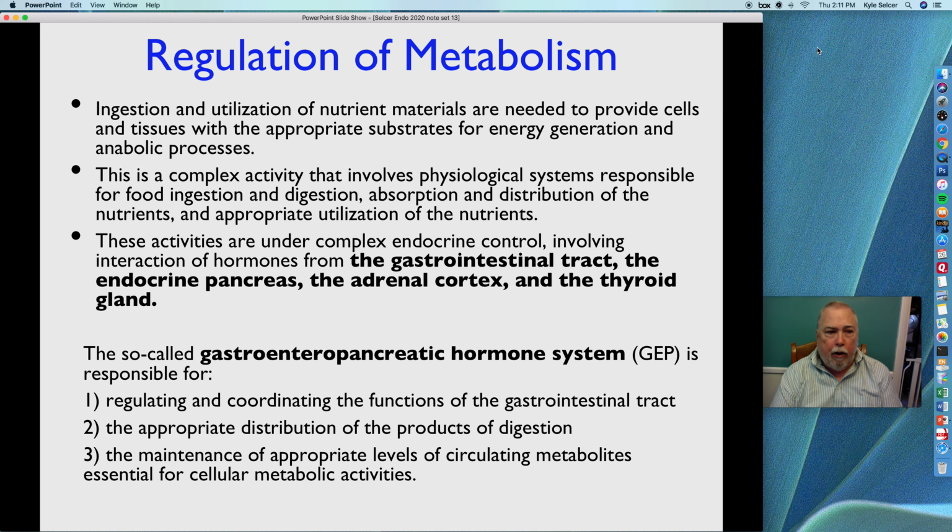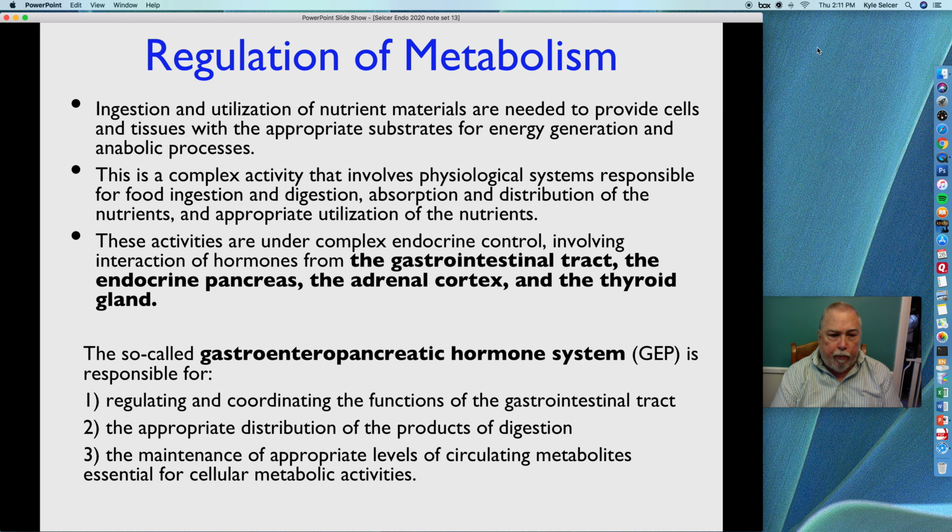And storage is in there too. These activities are under complex endocrine control, that's why it's in this course, involving the interaction of hormones, including paracrines and autocrines, from the gastrointestinal tract, the endocrine pancreas, the adrenal cortex, and the thyroid gland. Now, we've already talked about the thyroid gland, and a few lectures from now we'll talk about the adrenal cortex. So the next couple lectures are going to be on the gastrointestinal tract and the endocrine pancreas.